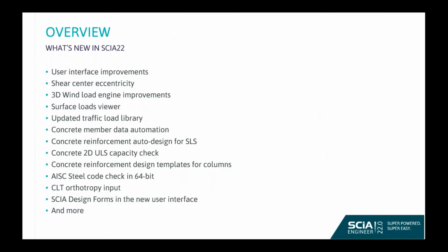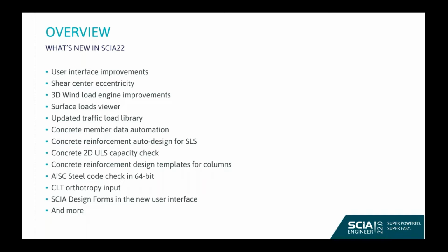So, what is new in SCIA 22? What will we show you? There are some user interface improvements. There is shear center eccentricity available, which means you can calculate torsion in the cross-section. We have 3D wind load engine improvements. The surface loads viewer is now available in 64-bit. We have an updated traffic load library.